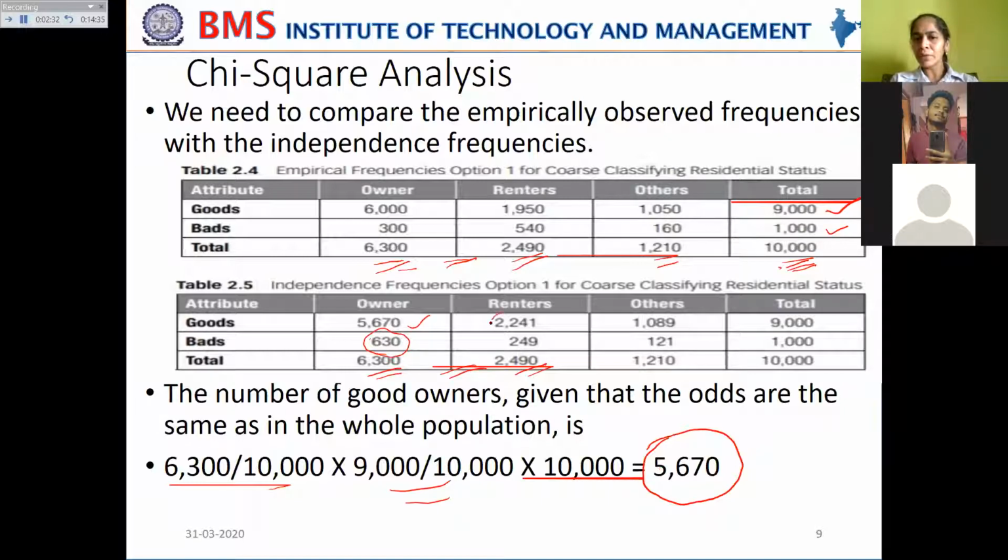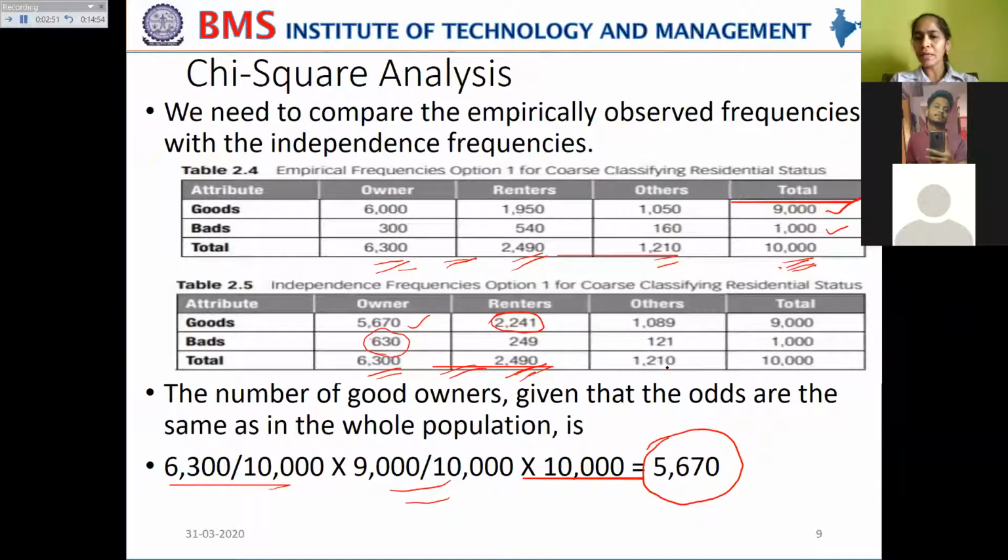That gives you 2,241. So among the 2,490 renters, you have an independence frequency of 2,241. Now 2,490 minus 2,241 will give you 249.